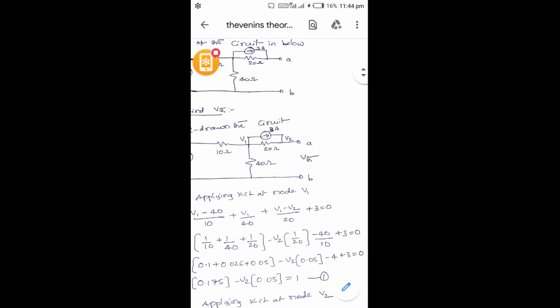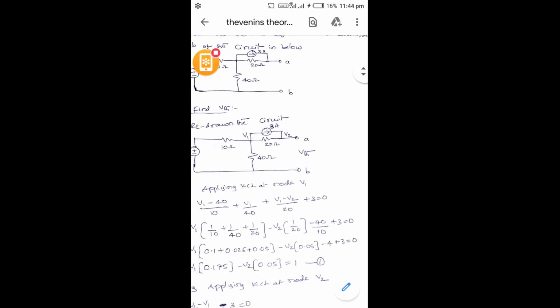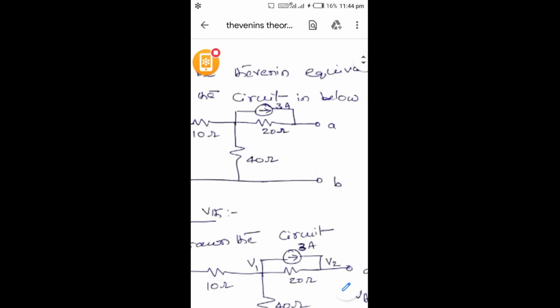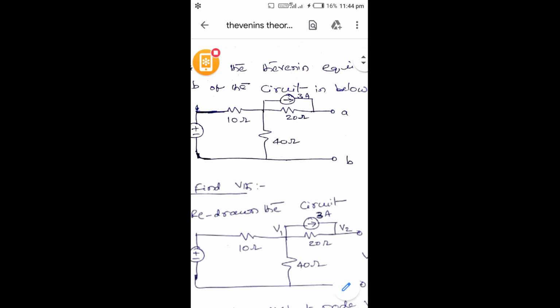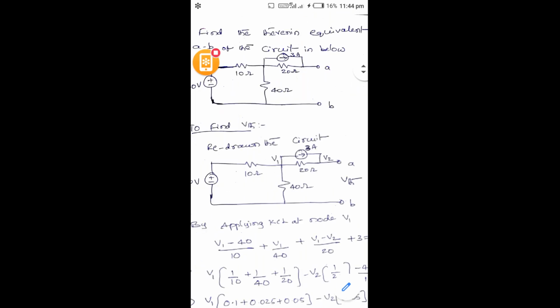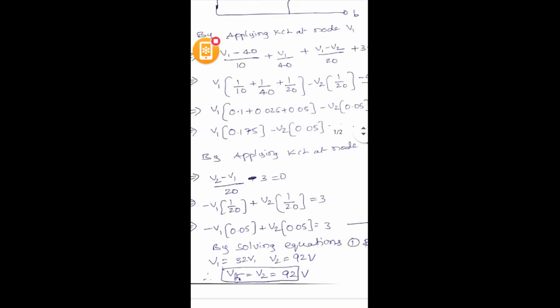Next, by applying KCL at node V2 from the initial circuit: (V2 minus V1) by 20 minus 3 is equal to 0.